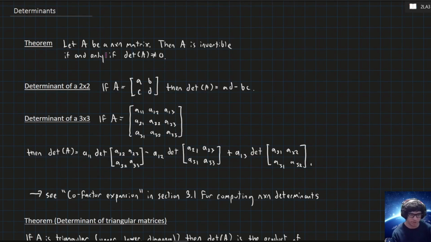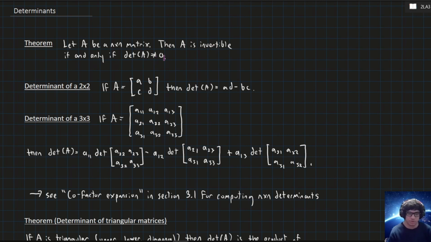So let's talk a bit about the determinant. The main motivation for us for looking at the determinant is that, as we mentioned before in the invertible matrix theorem, and it's worth repeating here, A is invertible if and only if the determinant is non-zero.